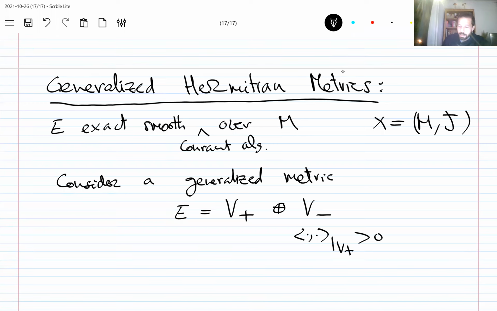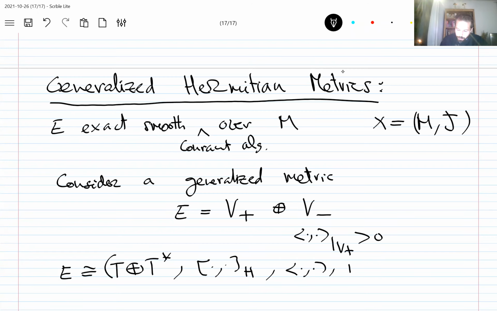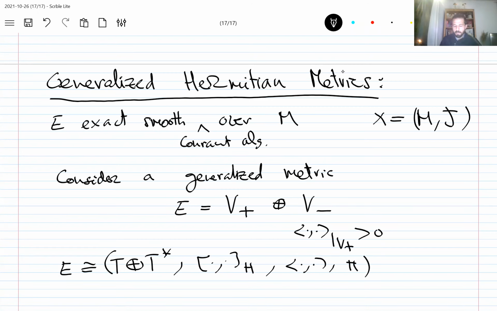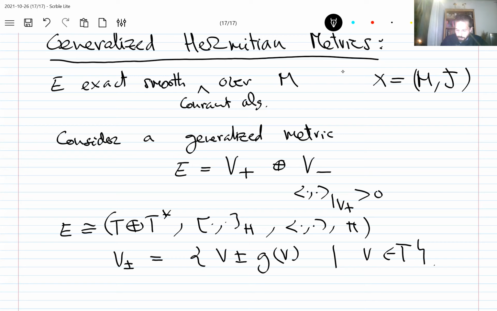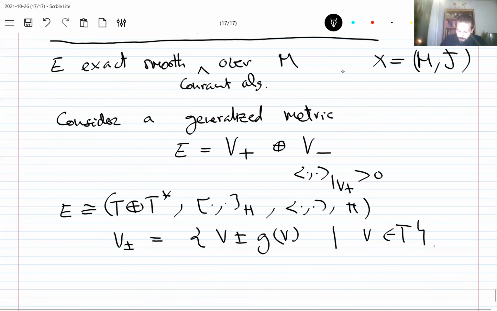Then this structure determines an isotropic splitting of E, and therefore a particular way of viewing E as tangent plus cotangent for a particular choice of closed 3-form H, with the canonical pairing and bracket. And in this splitting, my generalized metric is very simple. It's just V plus minus G of V, for V in the tangent, and G is a Riemannian metric.